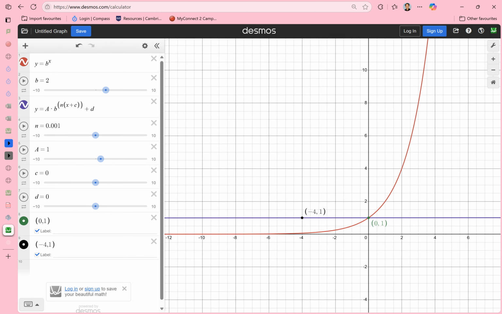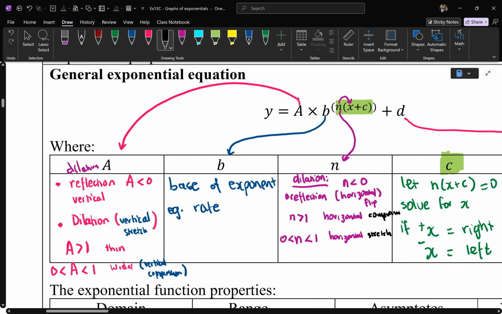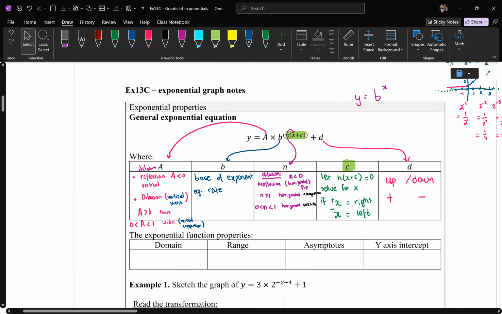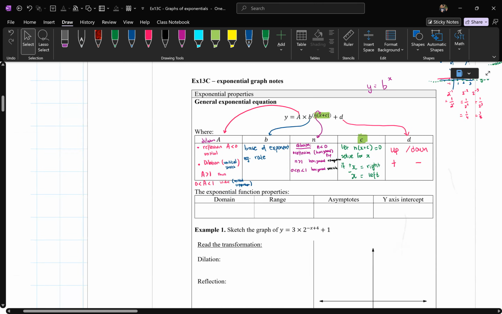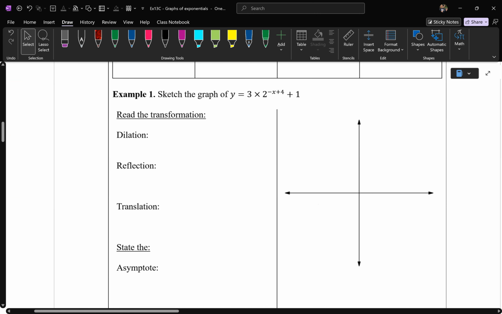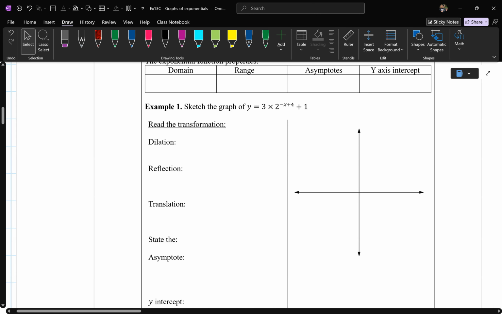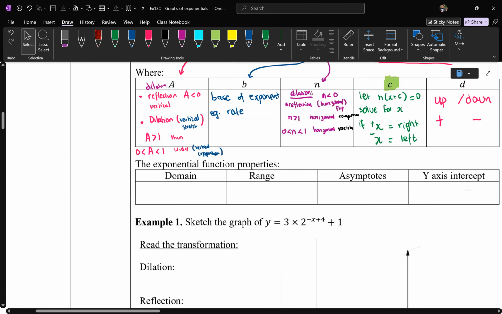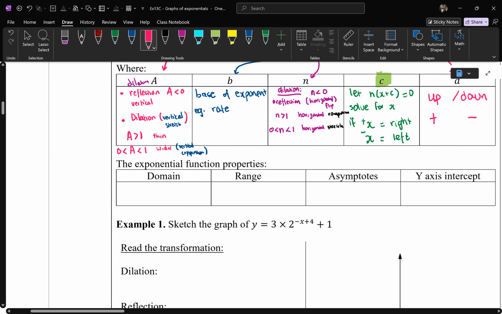All right, team. Those are the 4 key parts of the transformation that you need to know. That's 13C. Let's fill in some points, and then I'm going to get you to practice to tell me dilation, whether it's a vertical stretch, horizontal stretch for each one. But when I do, just fill in these points here. So, asymptote.